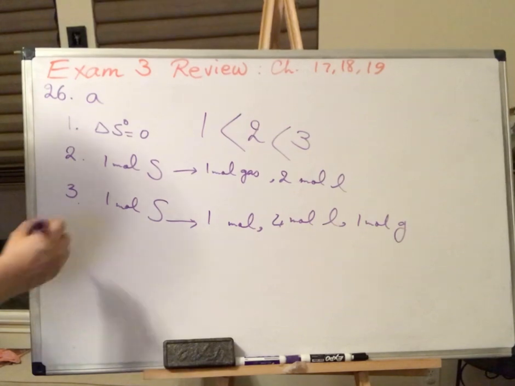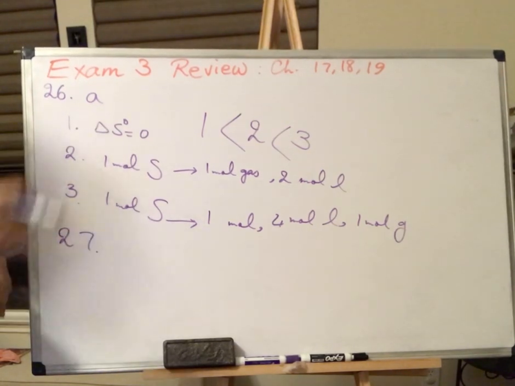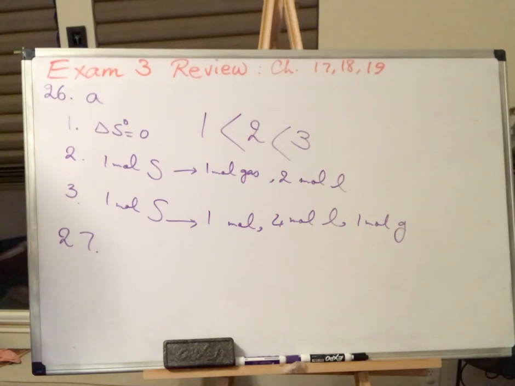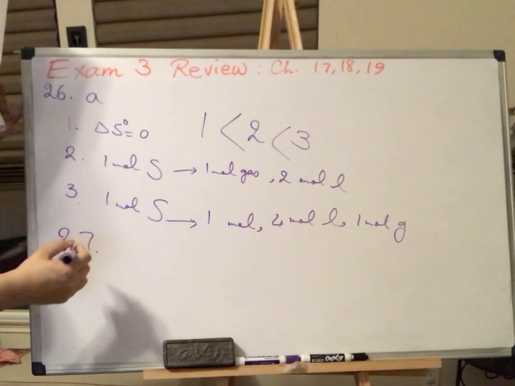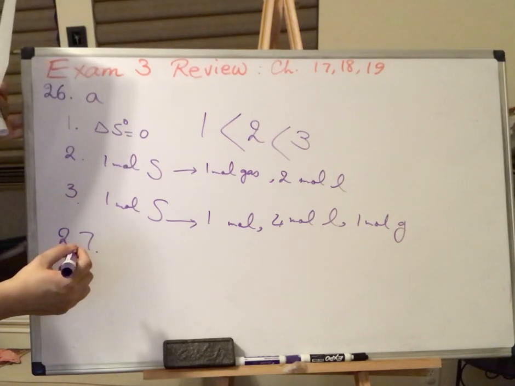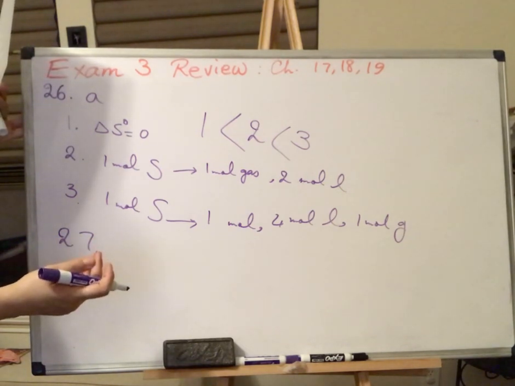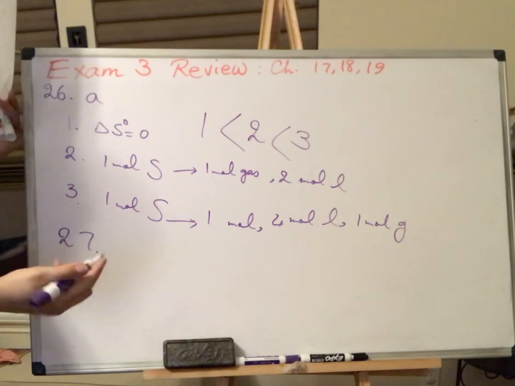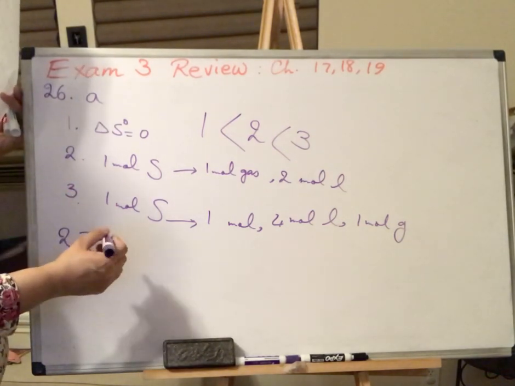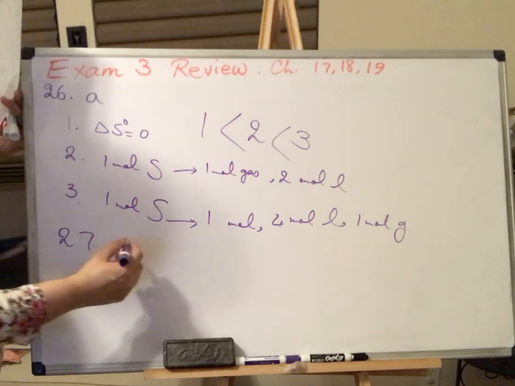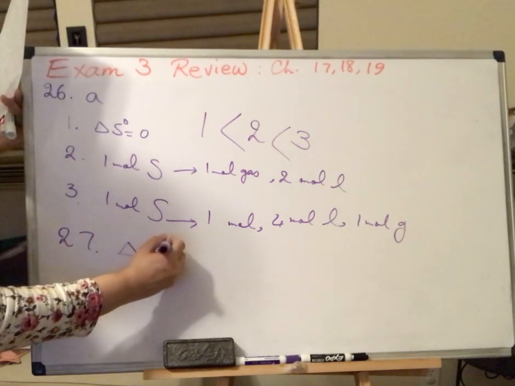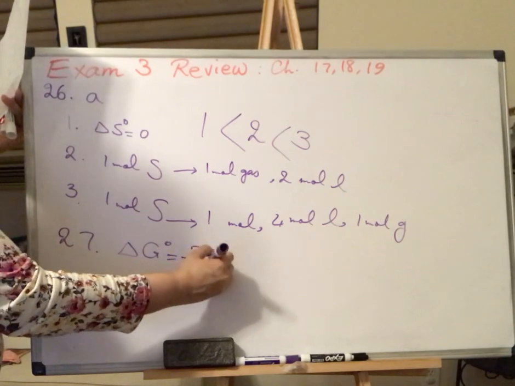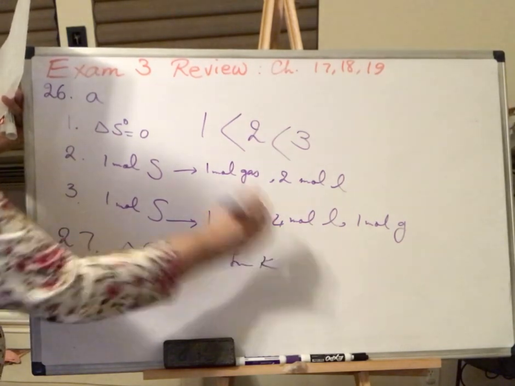Question number 27. For a reaction that has an equilibrium constant of 6 times 10 to negative 9, which of the following statements must be true? So it's about delta G and delta S. We know that there is no relation between delta H and equilibrium constant. So it's about delta G and also no delta S. So delta G is minus RT ln K, right?